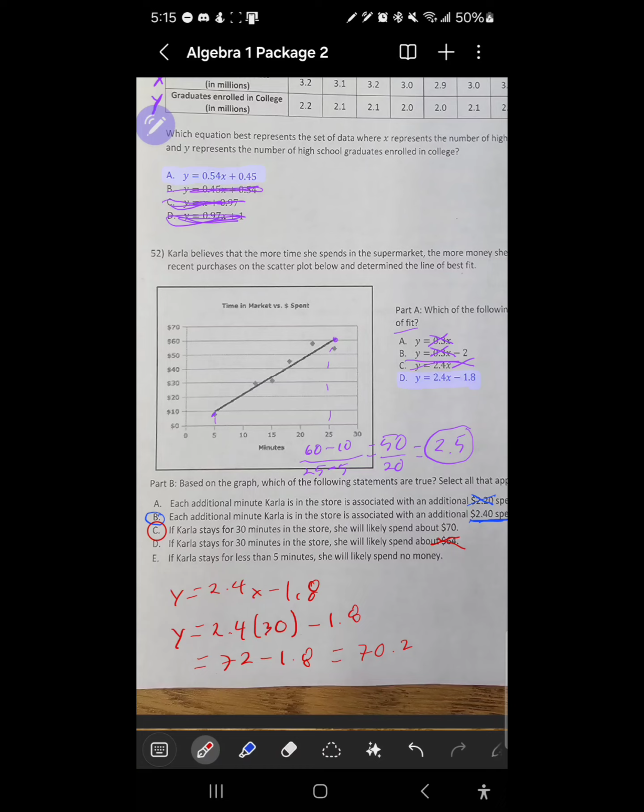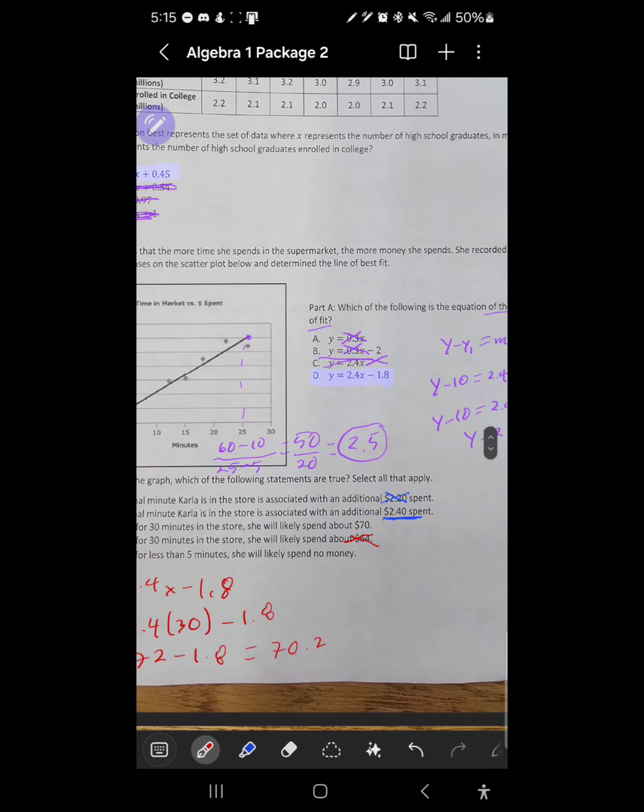Now, if Carla stays for less than 5 minutes, she will likely spend no money. Okay, let's make a calculation using any number between 0 and 5. I'm just going to use 3.